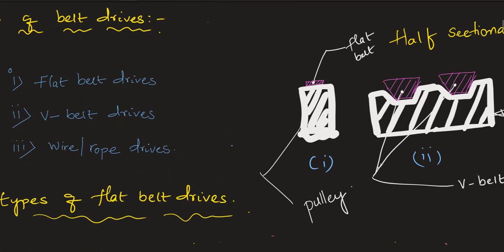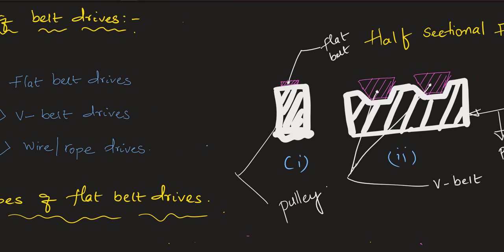The flat belted drive is the one in which the belt will be flat. If you make a section of the belt, the cross section will be rectangular. To illustrate that, you can see figure number 1. In figure number 1, this one is our pulley, this one is our pulley, and this one is the belt, a flat belt.